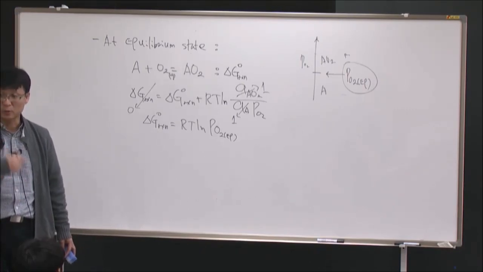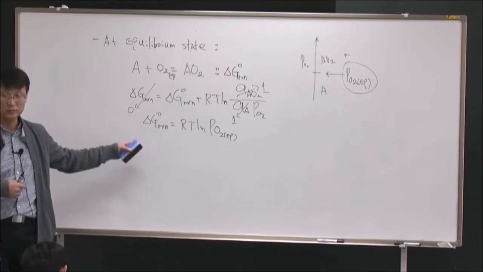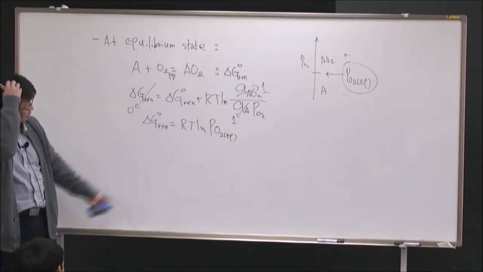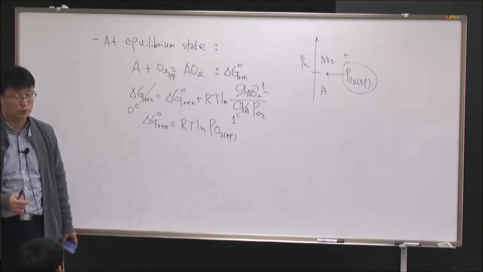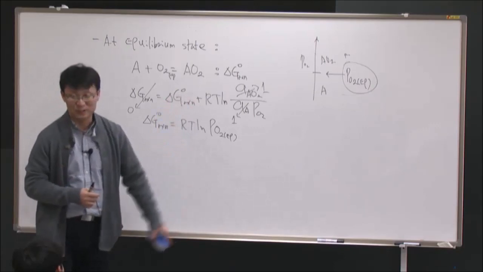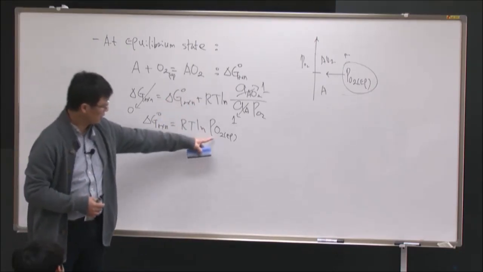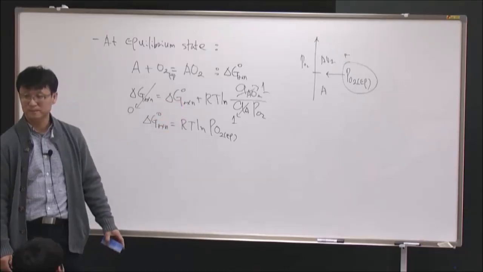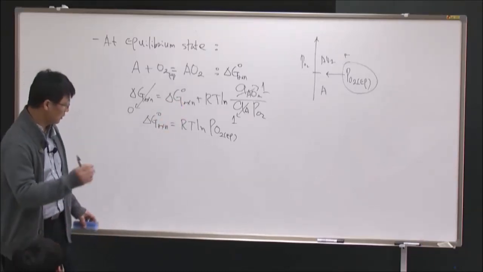That's one of the ways. Good? So that's why equilibrium PO2 is very important. So mathematically we can calculate in this way, but what Ellingham did is he actually represented this in a graph, in his diagram.